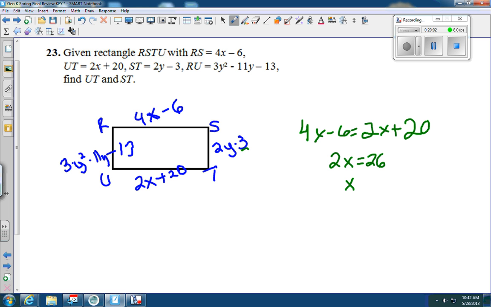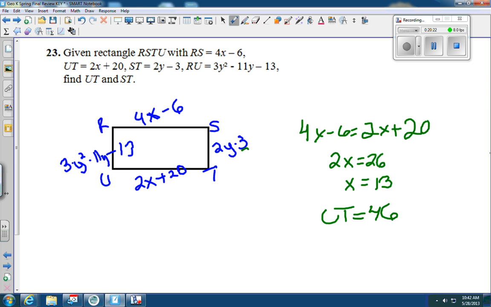So x is 13. Okay, but it's asking for what side UT is, so I go back and plug that in. 2 times 13 plus 20 gives me that UT is 46. Okay, so UT equals 46.